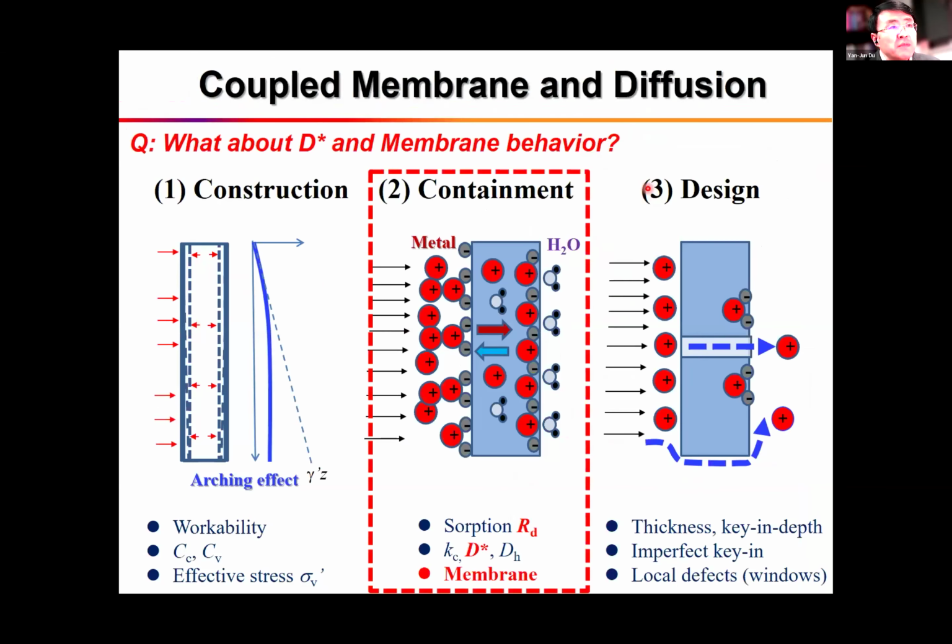For the containment performance, we also need to evaluate the solute transport parameters, including the retardation factor, or Rd, the D dash, and sometimes the membrane behavior induced by chemical osmosis, the membrane behavior coefficient omega, we call that one.